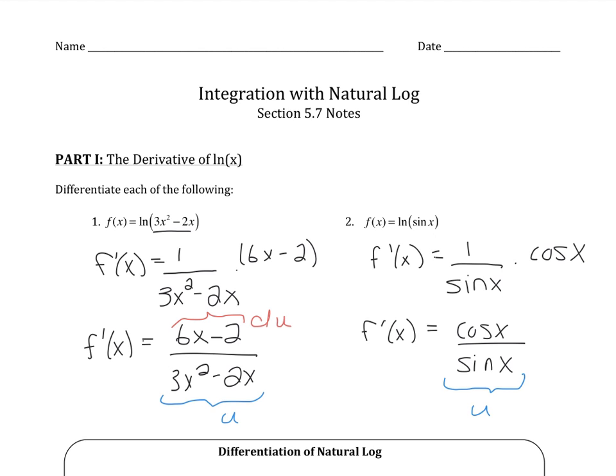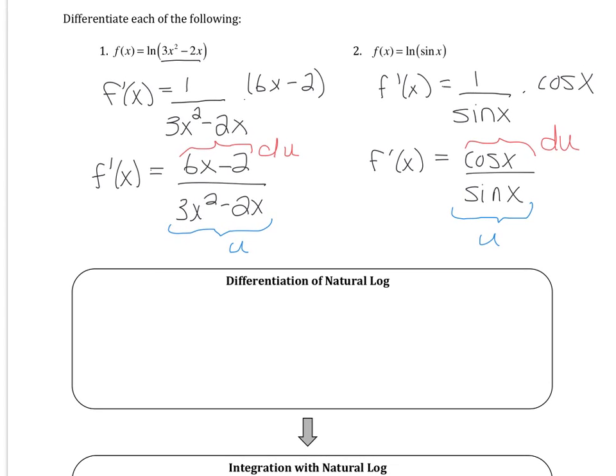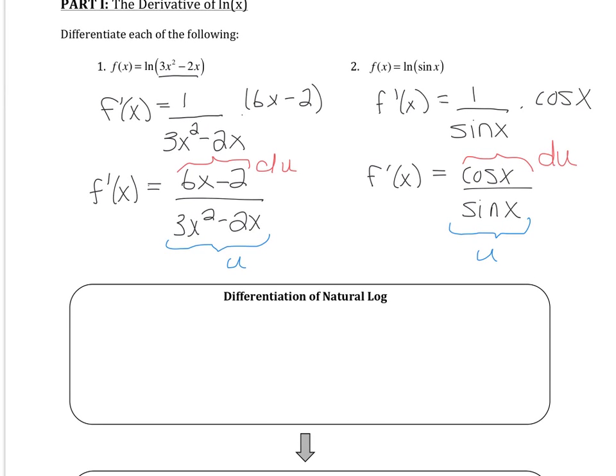So we'll say du up here. This brings us to an important point about natural log and integration. If we see something of the pattern du over u, we know that that's probably going to integrate to a natural log.